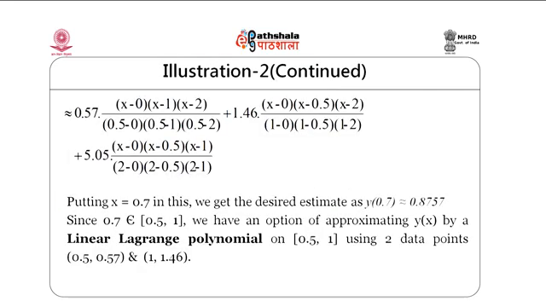If we now write the values of these L_{3,j}'s, we will get an expression like this. The first term is 0 because the coefficient is 0. So, we start with the second term, 0.57 into L_{3,1}, which we are now writing: x minus 0 into x minus 1 into x minus 2.